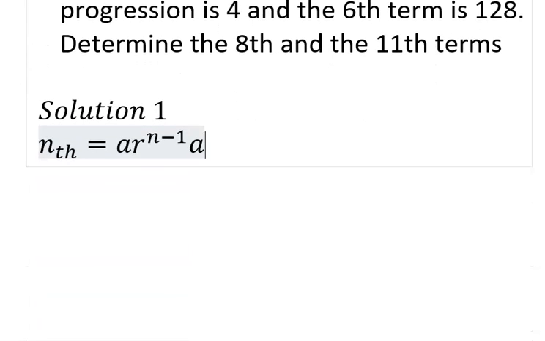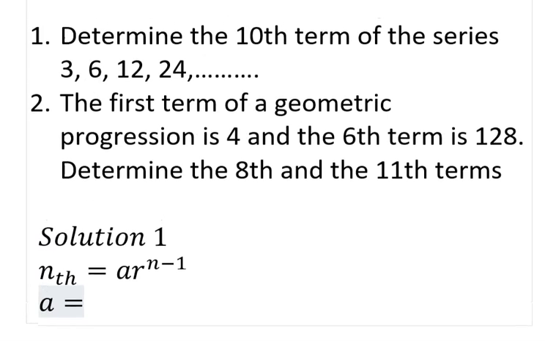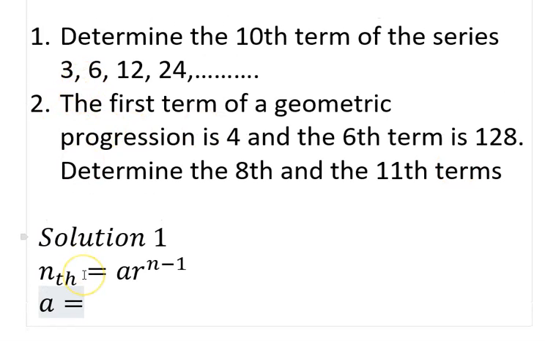This is our formula. So now we'll be able to establish the fact that we have our first term here, which is what? Let's check. That's the first term. Our first term is 3. Beautiful. Our common ratio, we'll be able to establish it to be 2 from here. 3 times 2, 6. 6 times 2, 12. 12 times 2, 24.